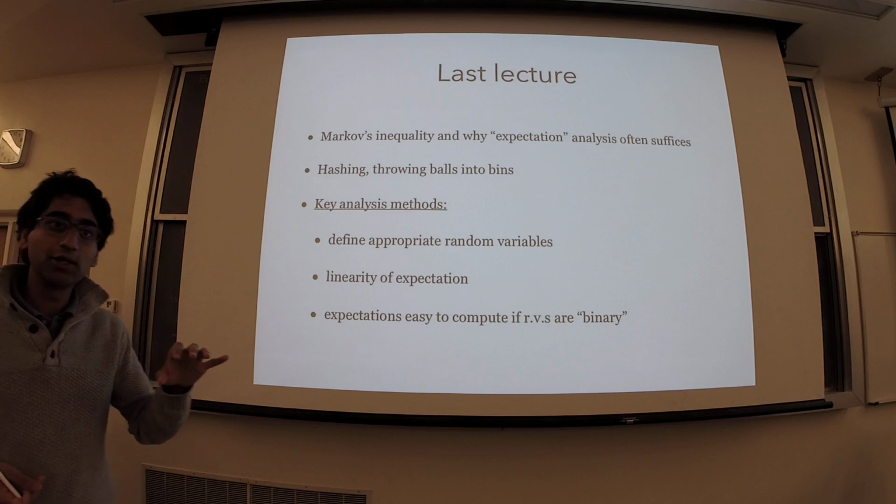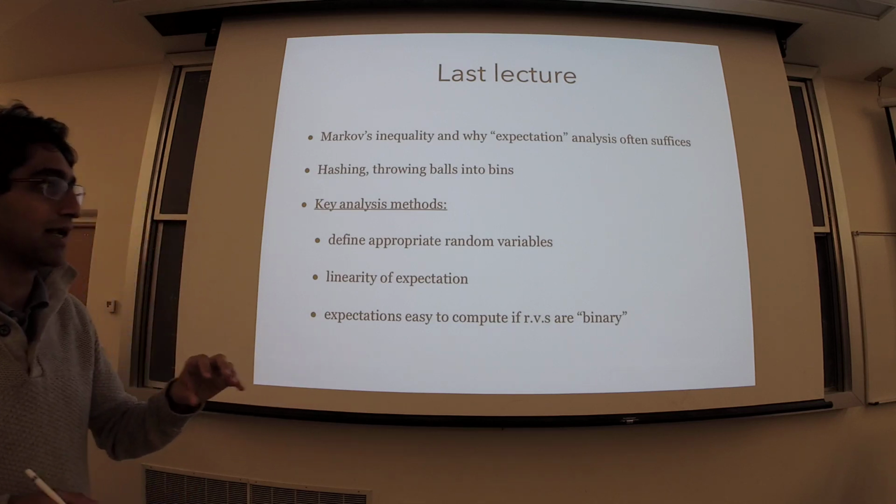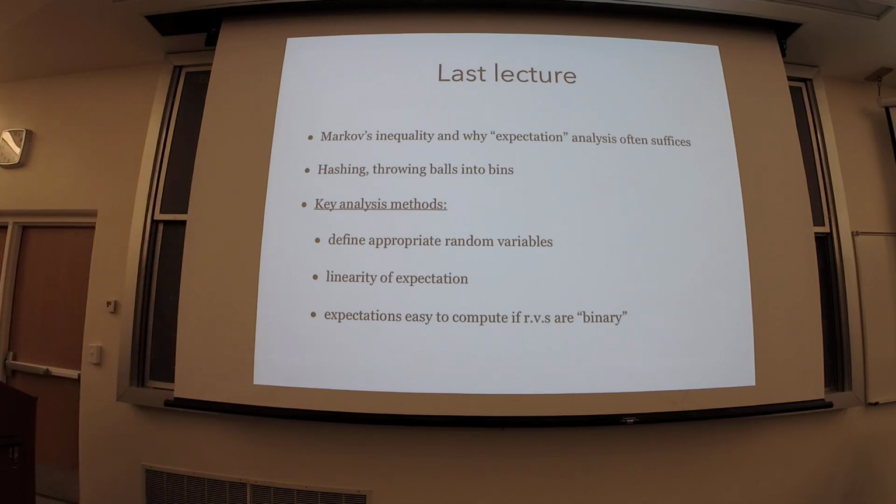This is a simple inequality, but it says that if you have any random variable that takes non-negative values, it cannot be too much larger than its expectation, with reasonable probability. Informally, the probability that the random variable is more than some factor t times the expectation is less than 1 by t.